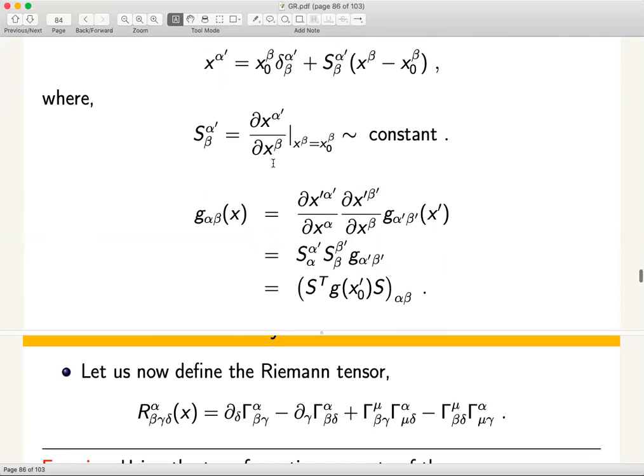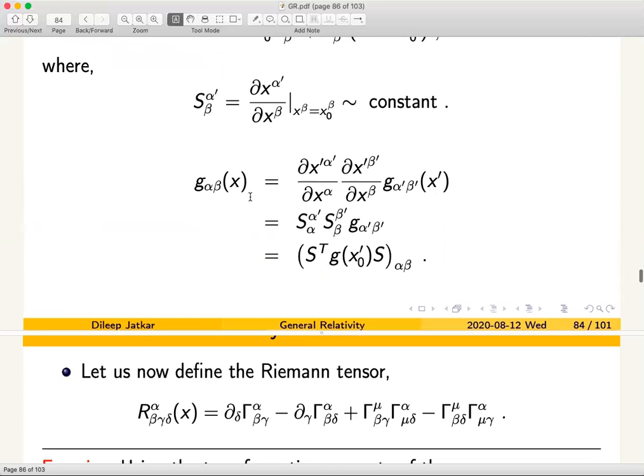It just tells you the slope of the line at that coordinate. So you can use this and convert the tensorial transformation property of the metric into a similarity transformation of the metric. Locally you do this as a similarity transformation. In matrix form you can write it this way: the alpha beta component is the alpha beta component of the similarity transformed metric.